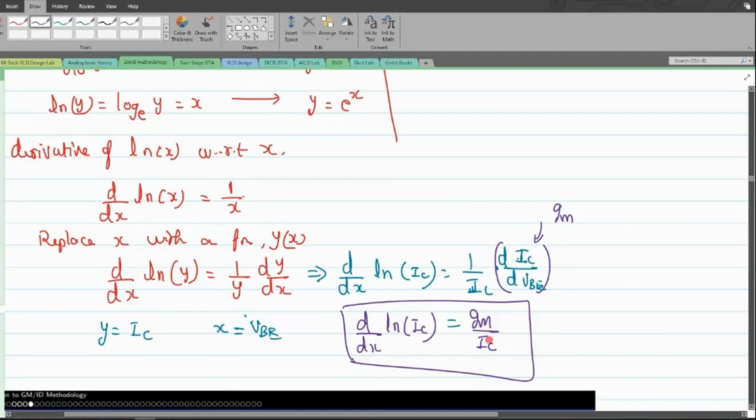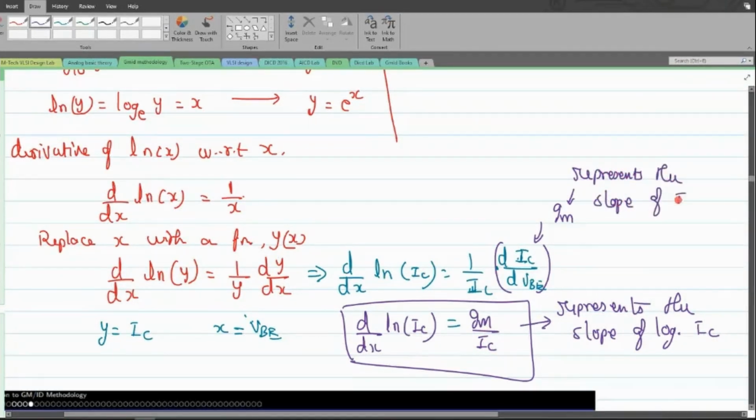So gm over IC represents the logarithmic collector current, whereas gm alone represents just the collector current. That's the difference between gm and gm over IC.